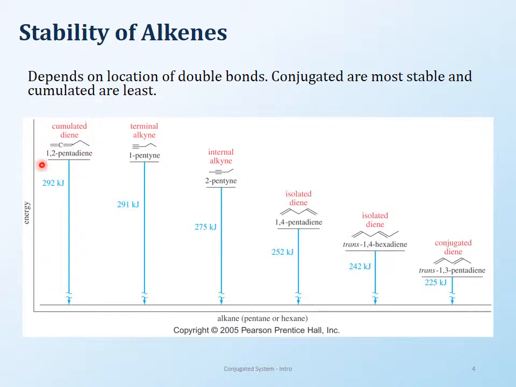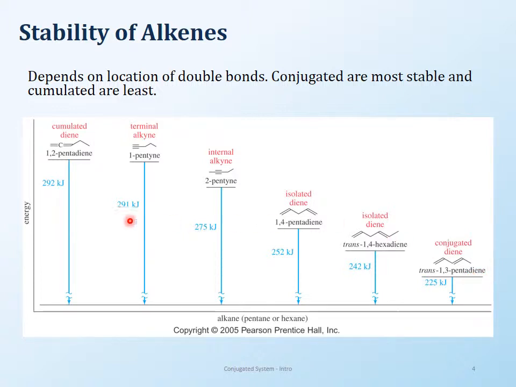So then we have cumulated dienes over here. Alkynes are very unstable, very reactive compounds. Internal alkynes are a little bit more stable. Then come the isolated dienes, and then finally the conjugated dienes are the most stable of all the dienes, and that's why we're studying why this is. Why is it that conjugated systems are the most stable one?